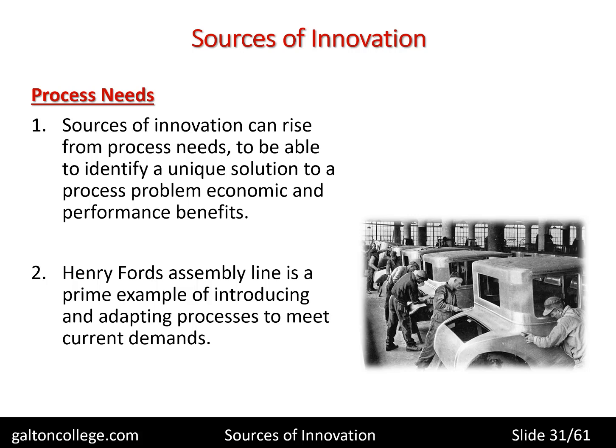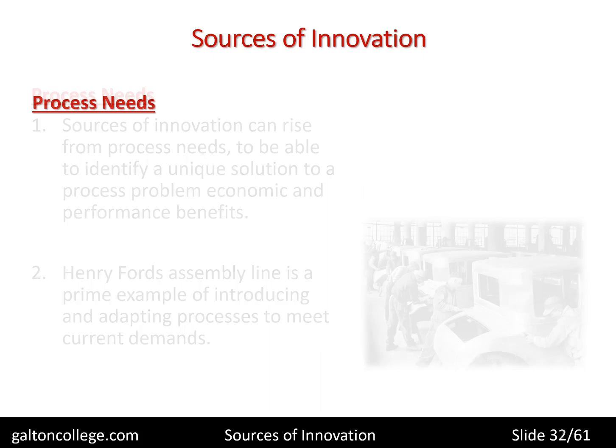It was performed over and over and over by the same people. And it was dehumanizing in the sense that there was no enjoyment in the work. But it was very efficient. And it meant that the cars were produced at a very cheap price, which popularized motoring. So the production process was innovated.